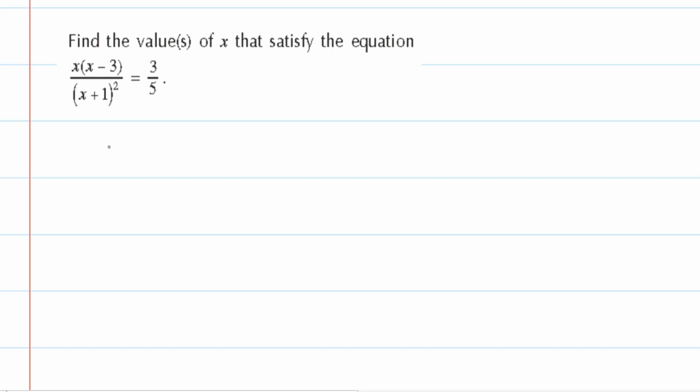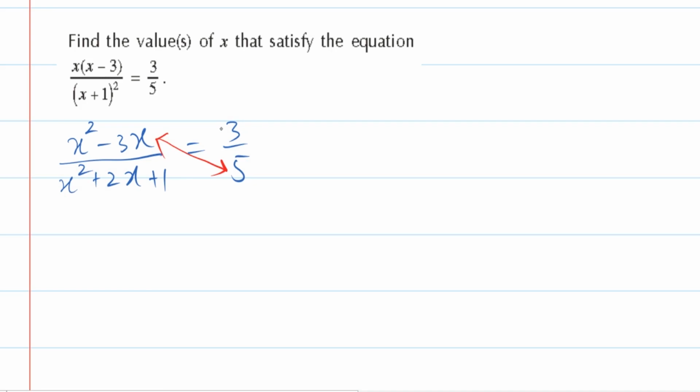But I think it would be a better option if we expand and simplify the expression in the numerator as well as in the denominator on the left side. So if I open the bracket, I will be left with x square minus 3x over, and if I open this bracket, x square plus 2x plus 1 is equal to 3 over 5.